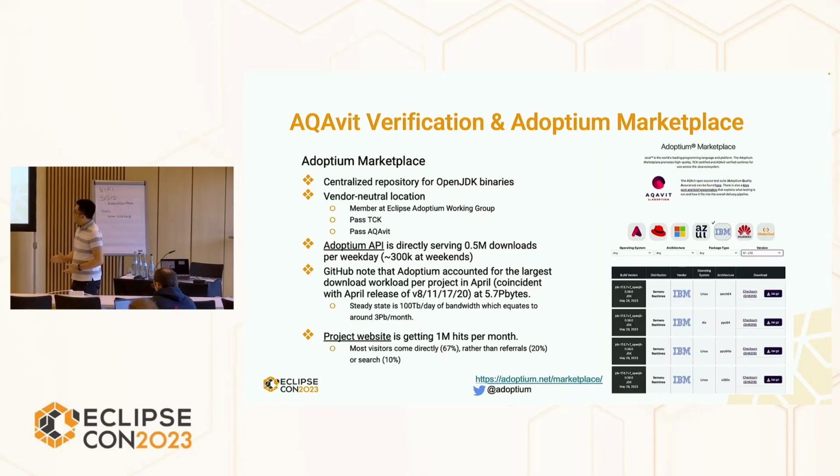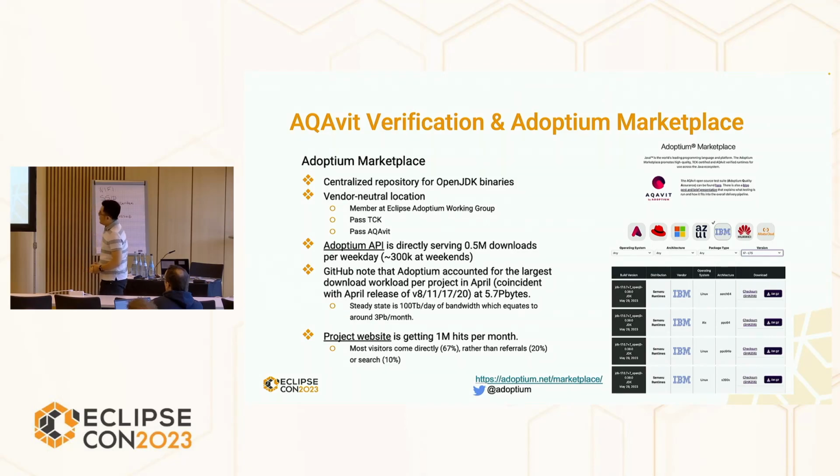More about the relationship between AQAvit and Adoptium. For Adoptium Marketplace, if we look at this photo, you can see that you can download JDKs and JREs from different companies.